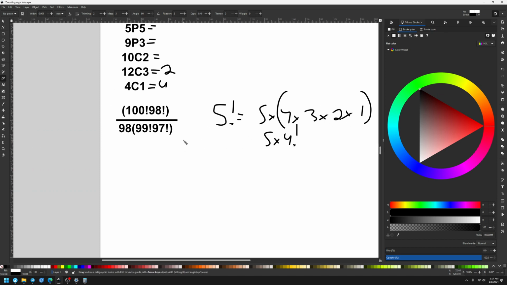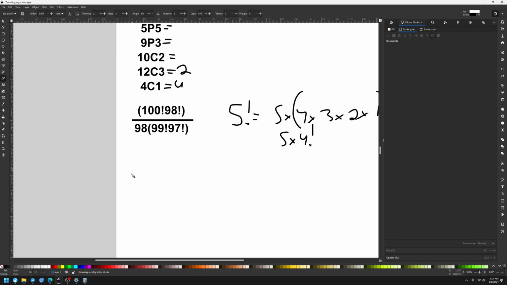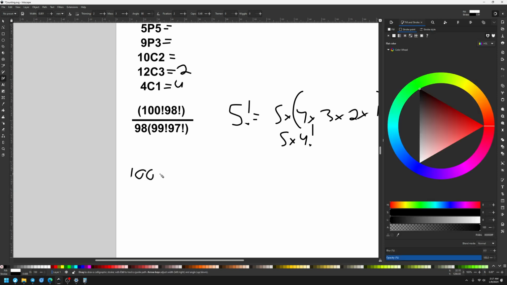And with this rule, we can rewrite 100 factorial. 100 factorial can be written as 100 times 99 factorial, times 98 factorial, and we divide that by 98 times 99 factorial times 97 factorial.